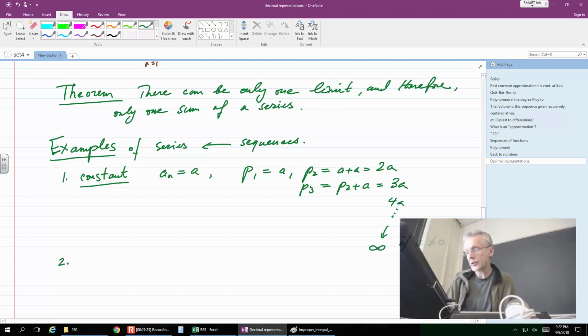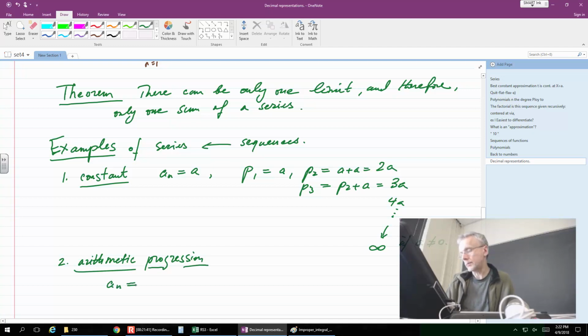Number 2, a sequence that we have also seen, is the arithmetic progression. So a_{n+1} is equal to a_n plus m.